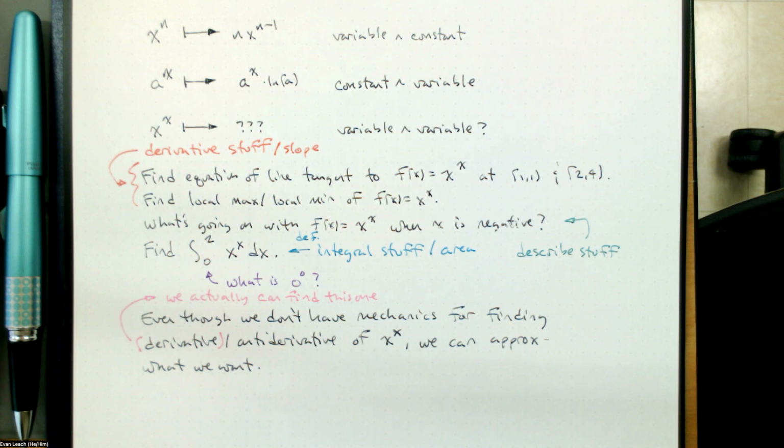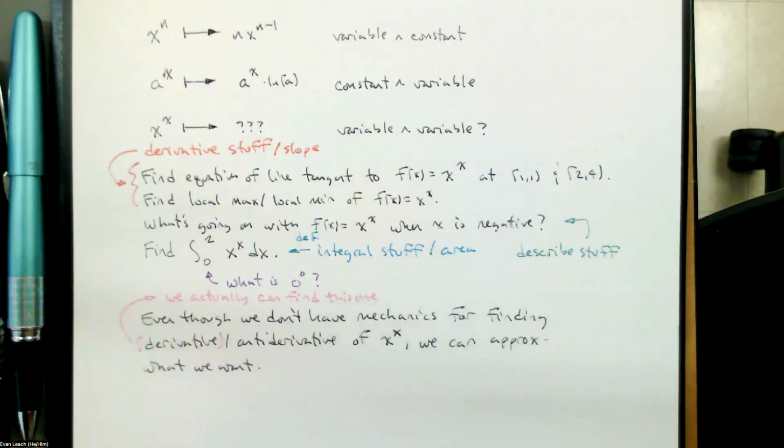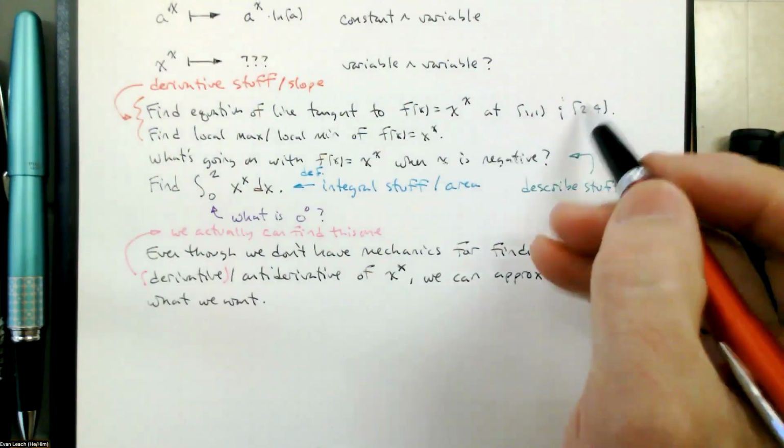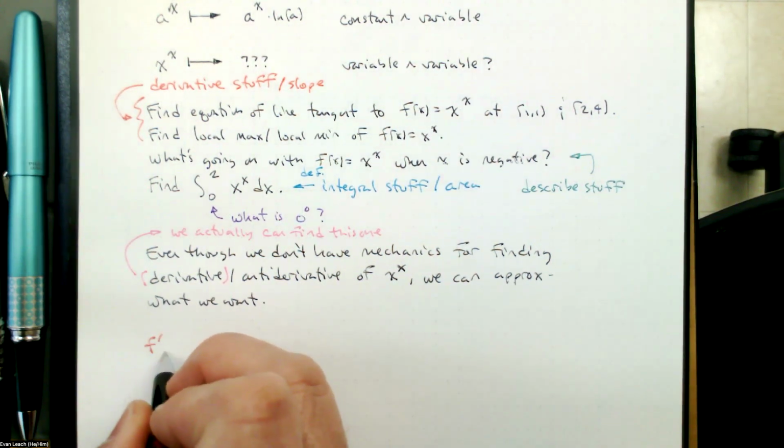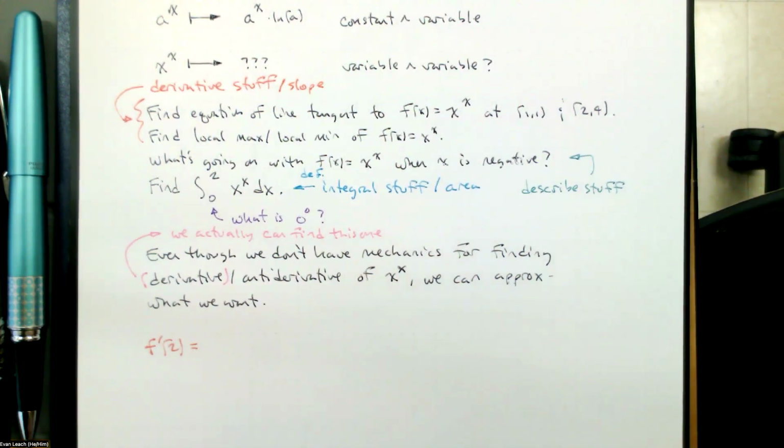So just going back to our first principles, if we think about what the derivative is supposed to represent, we can approximate f prime, let's say approximate f prime at 2 by choosing a point a little bit away from 2.